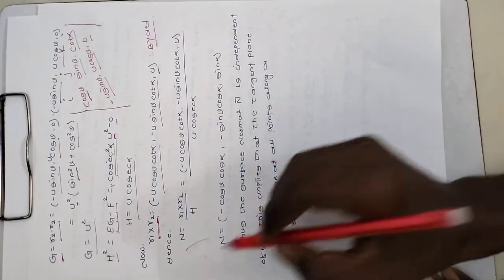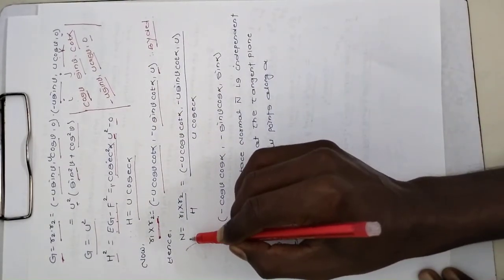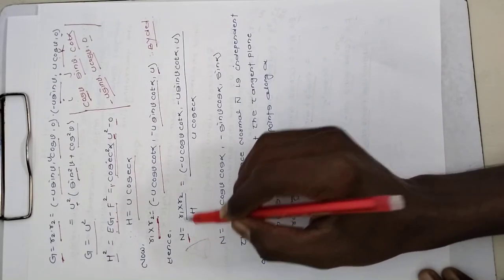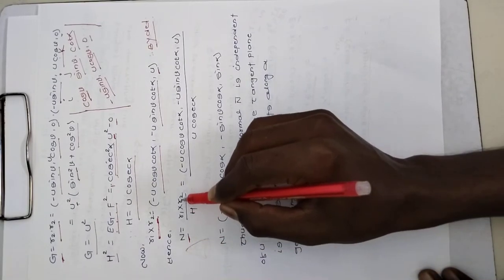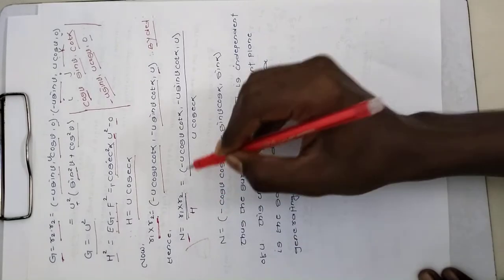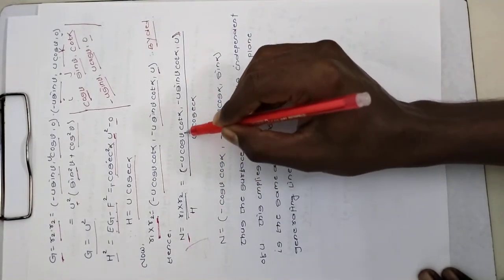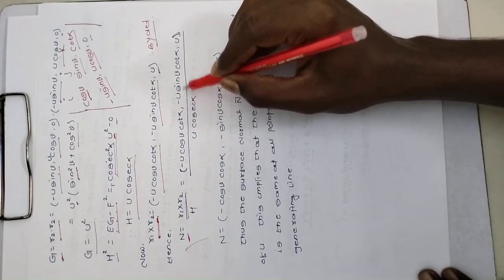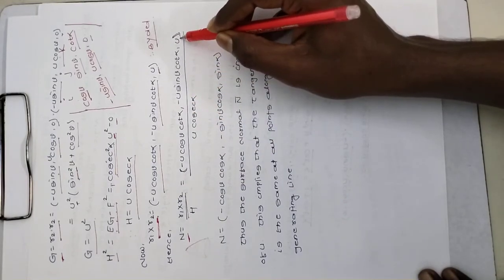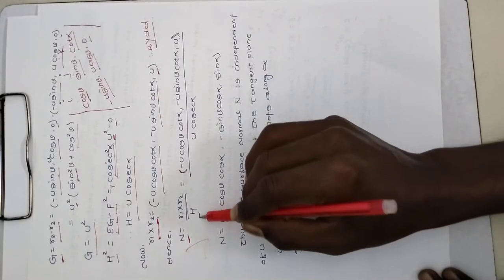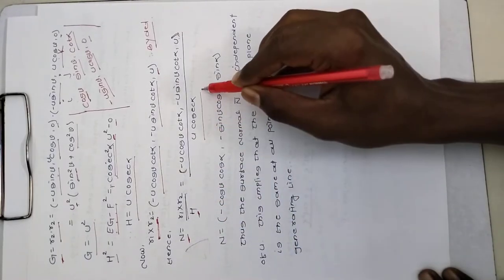Hence then find the capital N. So N means r1 cross product with r2 upon h. Substitute the values of r1 cross product with r2, that is minus u cos v cot alpha, comma minus u sin v cot alpha, comma u, upon the value of h, which is u cosec alpha.